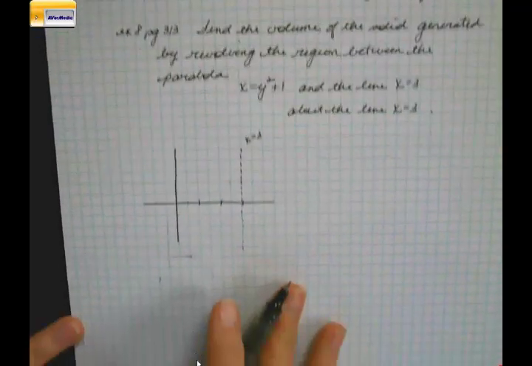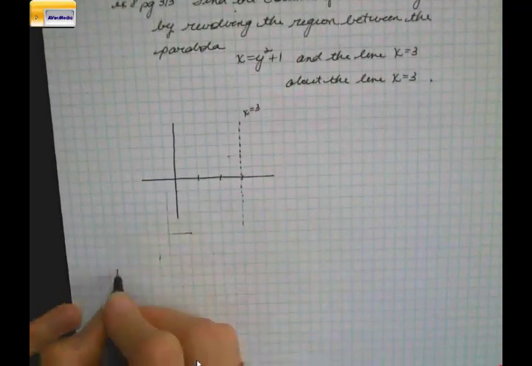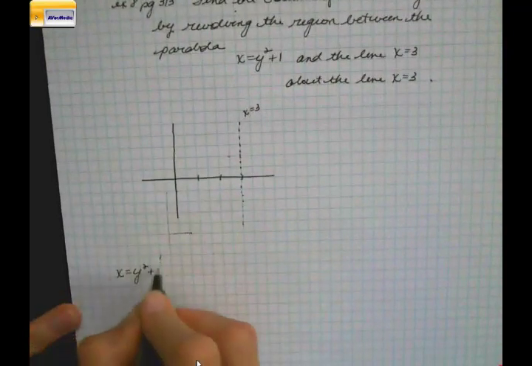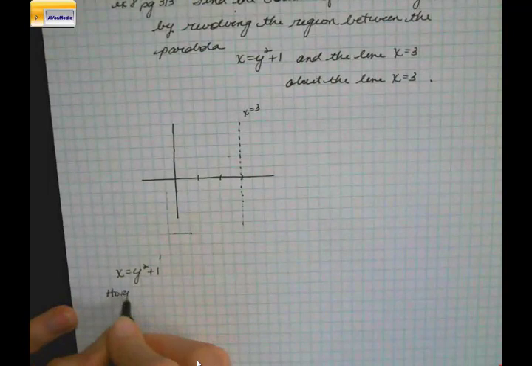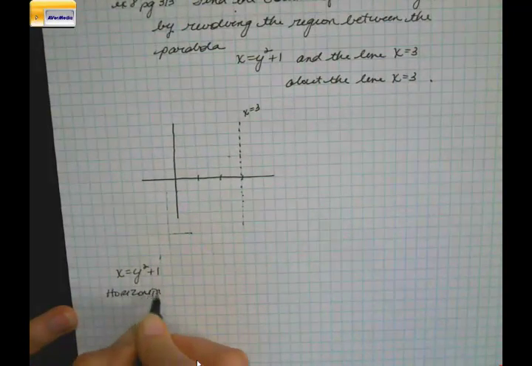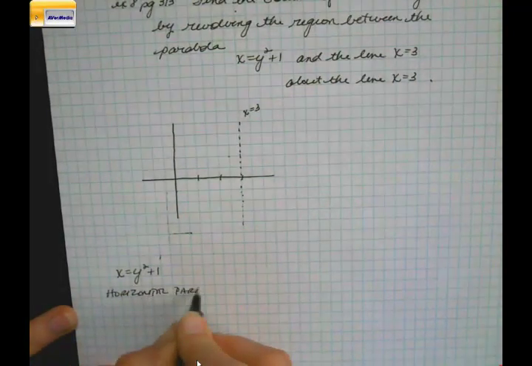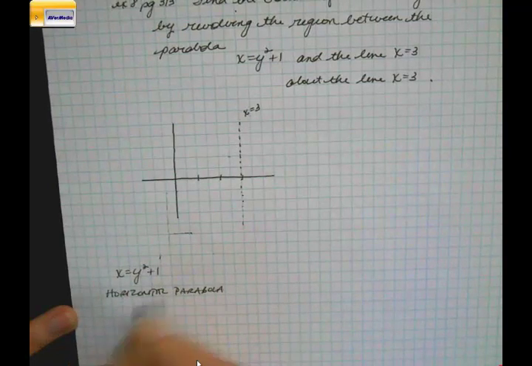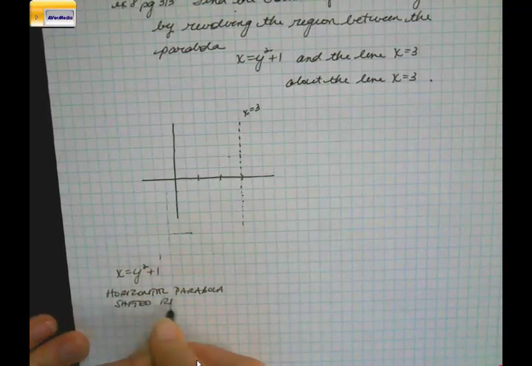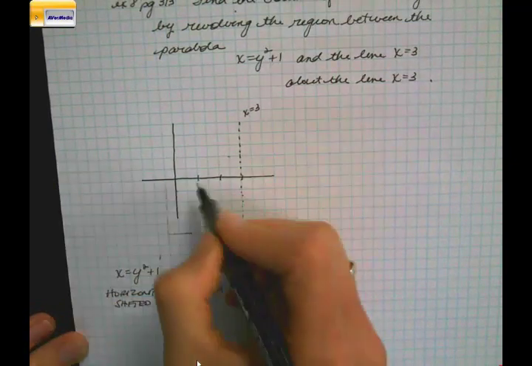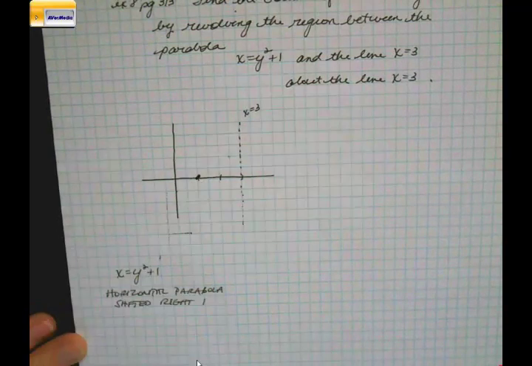When you graph x equaling y squared plus 1, that's a horizontal parabola shifted right 1. So it's going to have a vertex at an x value of 1.